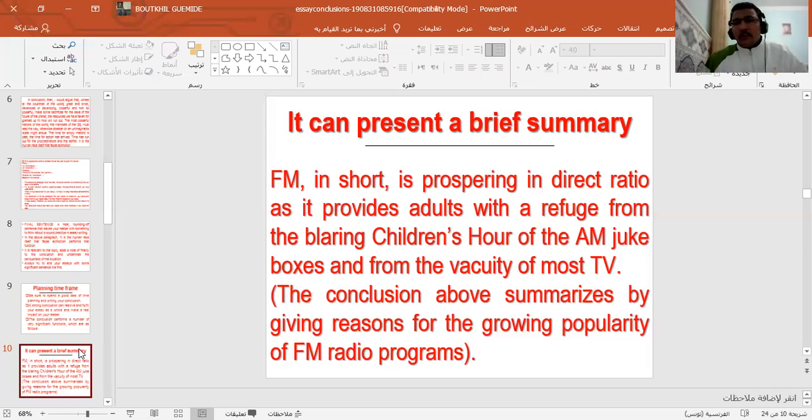All right. So, given the reasons, then in sum, the conclusion summarizes the growing popularity of FM radio programs. Good.